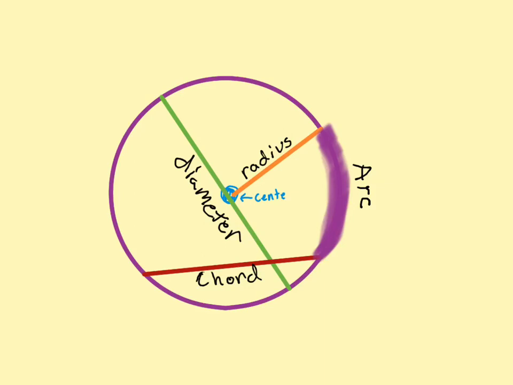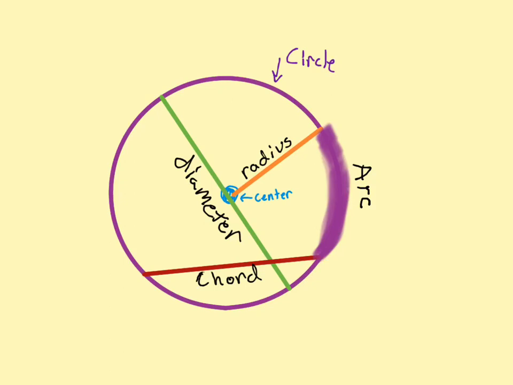That is the center. And then we have the circle, which I also didn't label, but we can label it right now. This is the circle. And then we have the radius, which goes from the center to the circle. The diameter, which goes across the circle through the center.